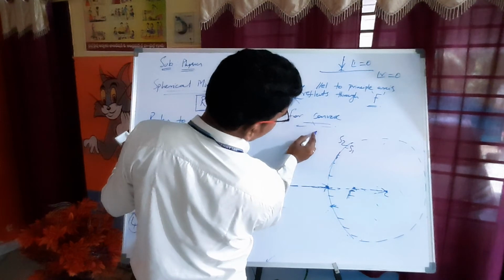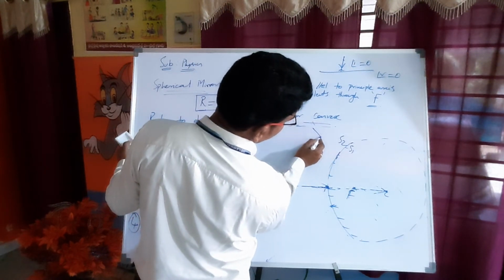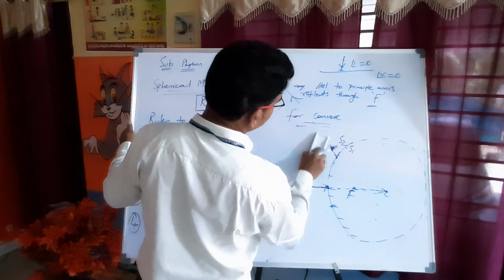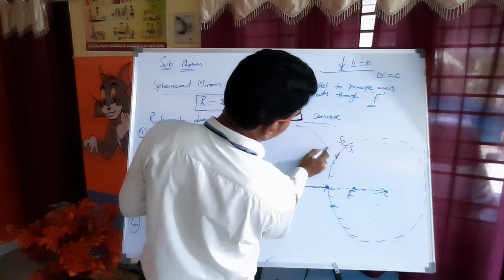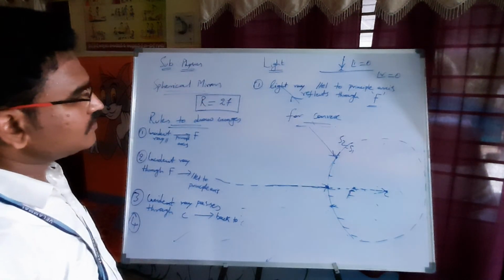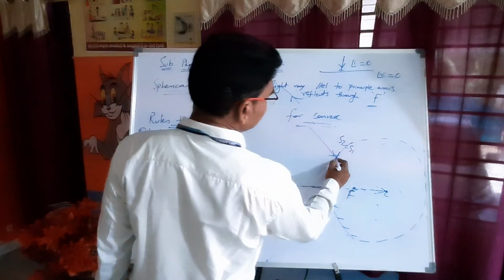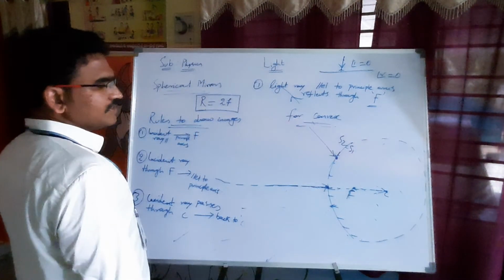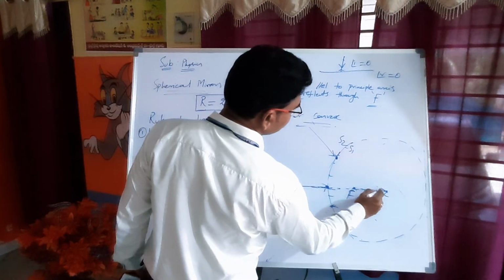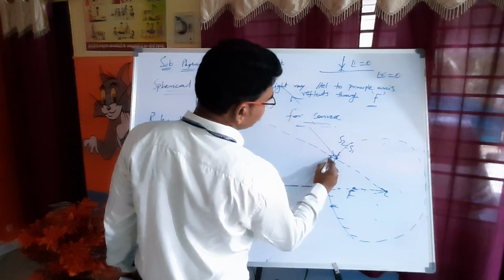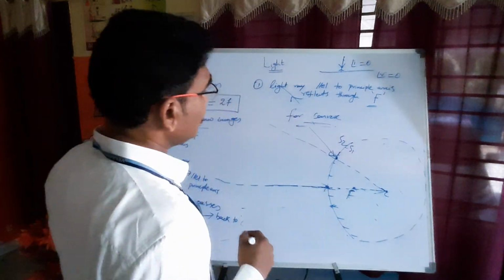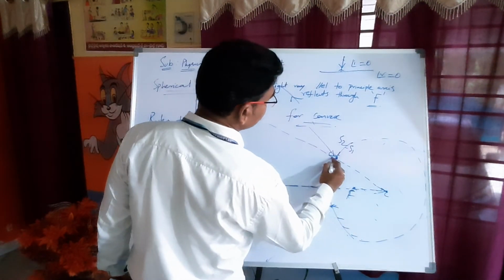For example, a light ray has fallen like this. This is the incident ray. This is the point of incidence on the convex mirror. Then draw the normal. If you take the scale and protractor very perfectly, you will get the diagrams. Now this becomes the normal.